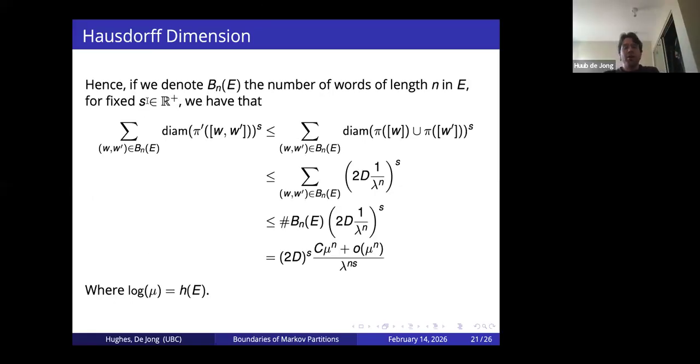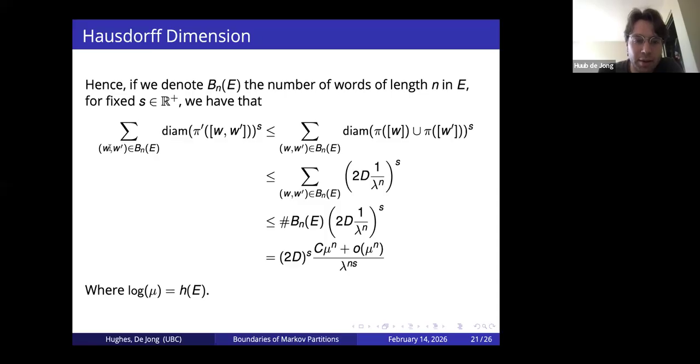So if we fix some non-negative real number s, then I can compute the Hausdorff dimension in the way that we normally do.